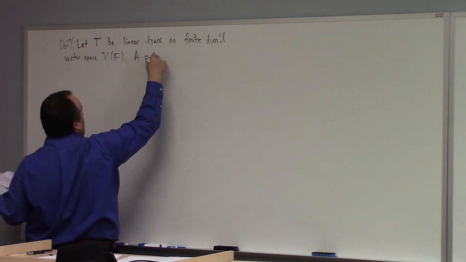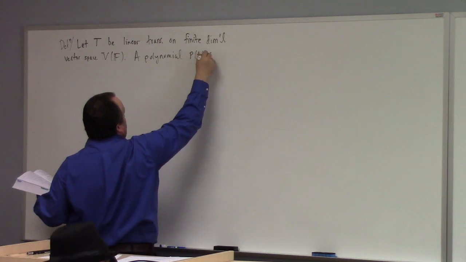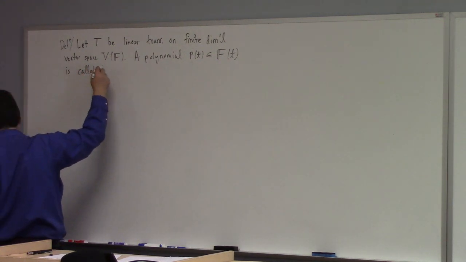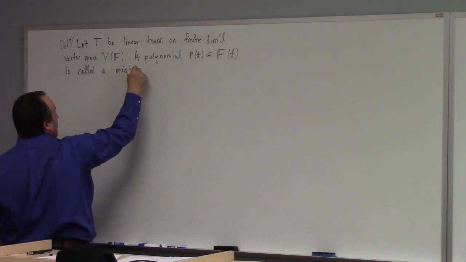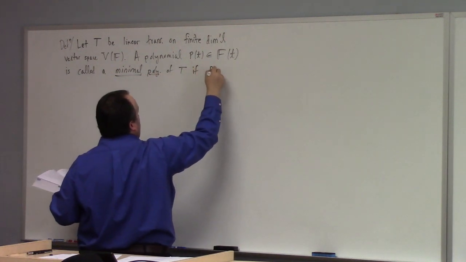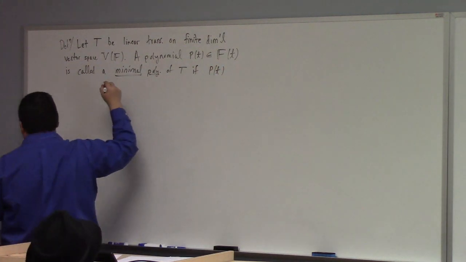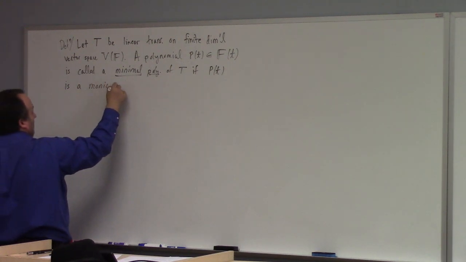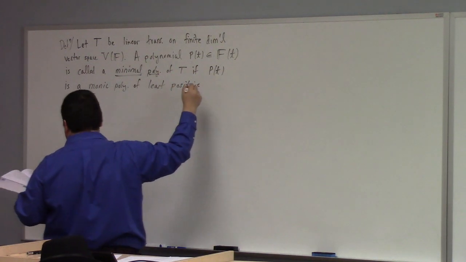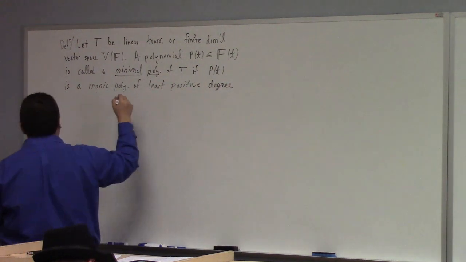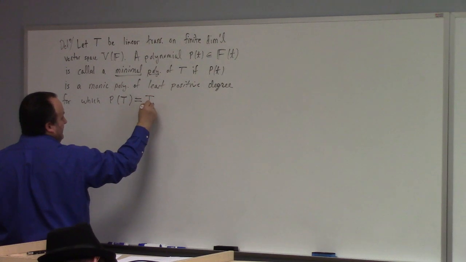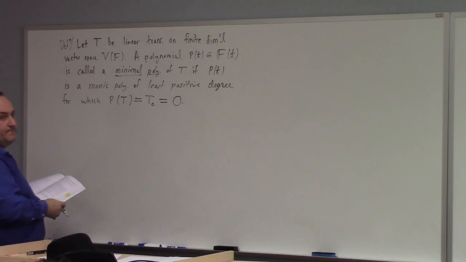A polynomial P of t, with coefficients in the field, is called a minimal polynomial of T if P of T is a monic polynomial of least positive degree for which P of T is equal to, well, he calls it T sub 0, but he means what I usually would just say, 0, the 0 transformation. All right?